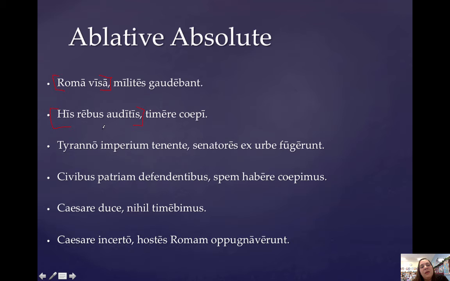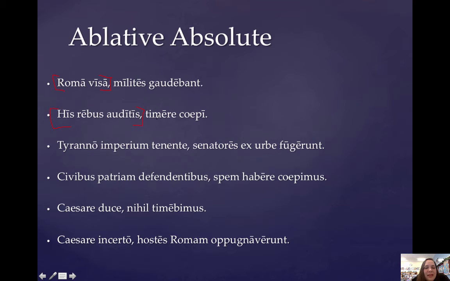But we also have this ablative absolute to go on. So with these affairs, these matters having been heard, these things having been heard, I began to fear. And again, we can translate the his rebus auditis, the ablative absolute, when these things were heard, since these things were heard, I began to fear.